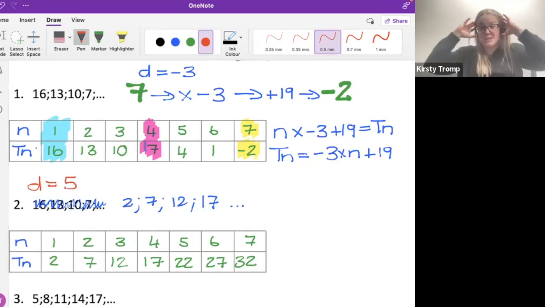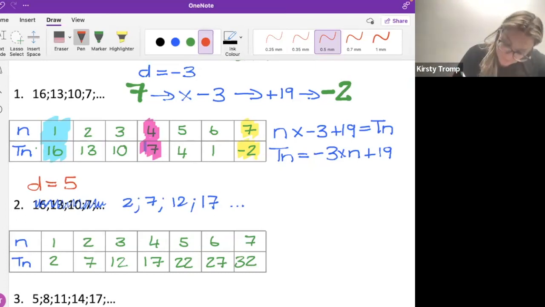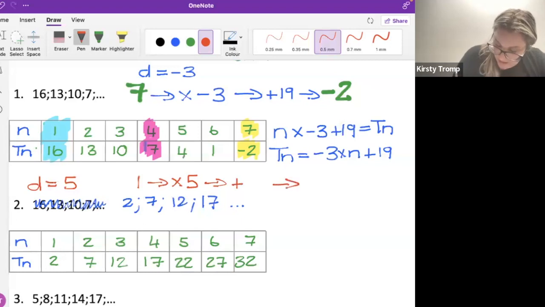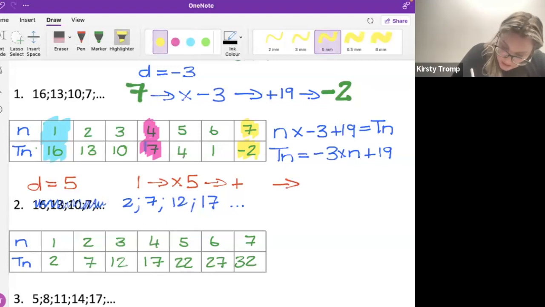So if I use the same process that I've done before to try and work this one out, I'm going to say 1, do my little arrow. What do I always do? I say times by my difference. What was my difference? My difference was 5. And then I always say plus something will give me my term.